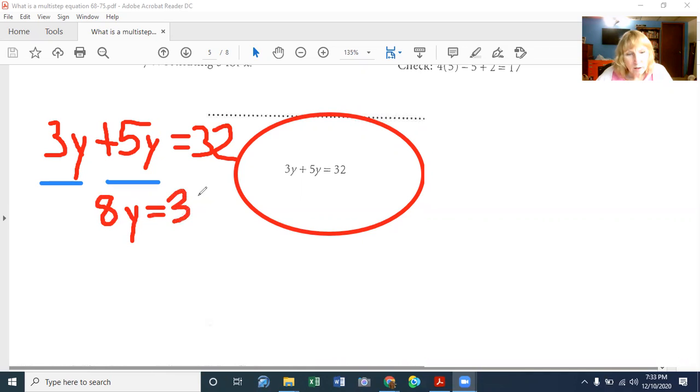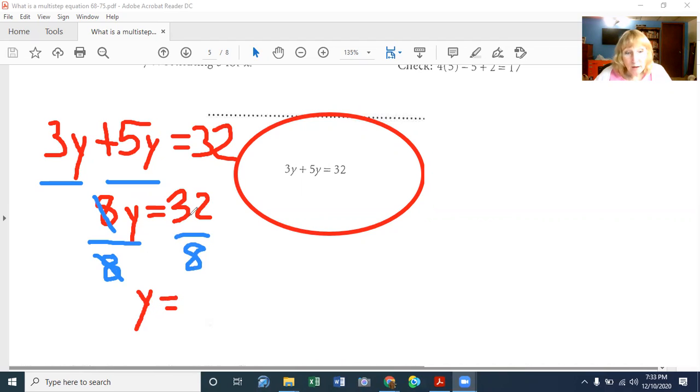And there's nothing to add or subtract from this equation, so I can go right to my last step of dividing by 8 to both sides. So now my 8's will cross off, and I'll be left with y, which is what I want, the variable on one side by itself. And by the way, the variable could end up on the other side of an equation. That's perfectly fine.